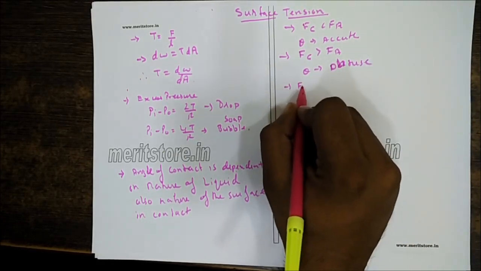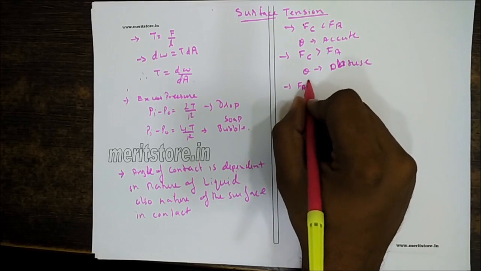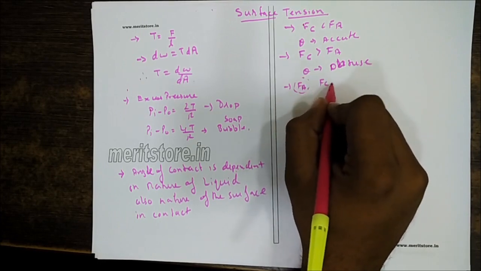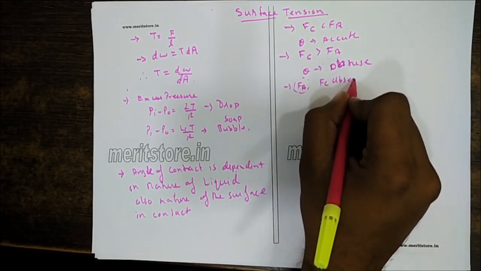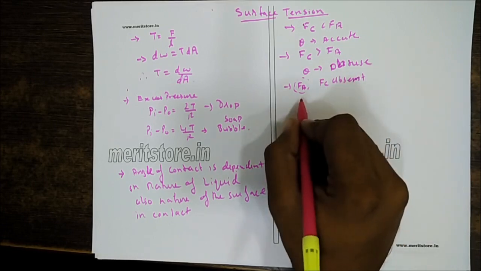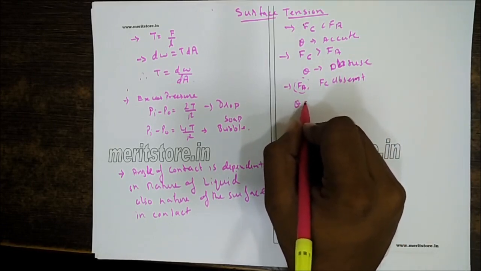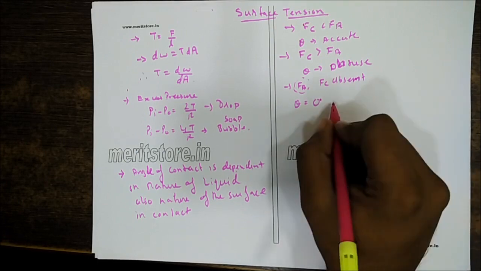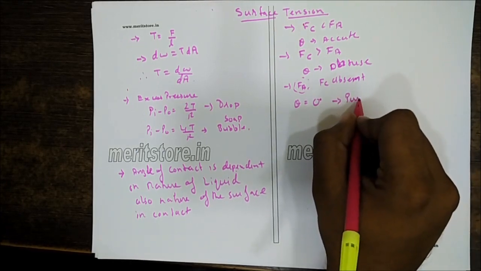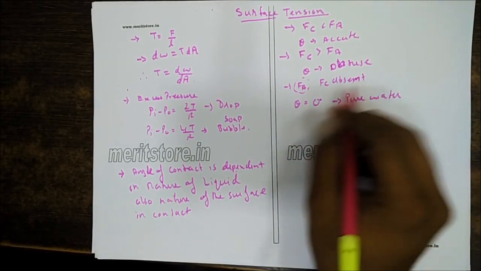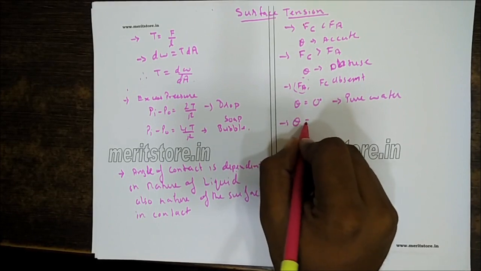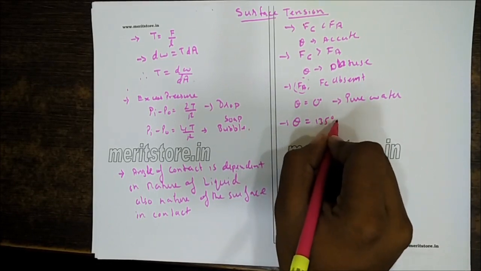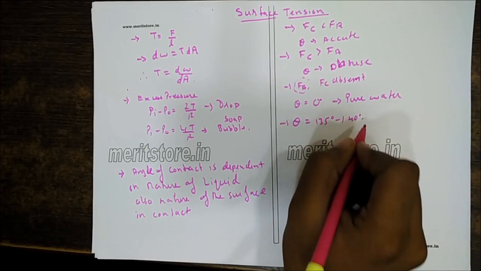And if only the force of adhesion is present and the force of cohesion is absent, then theta is equal to 0. This is the case for pure water. Theta for mercury is 135 degrees to 140 degrees.